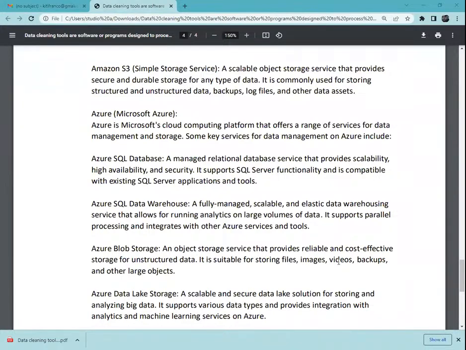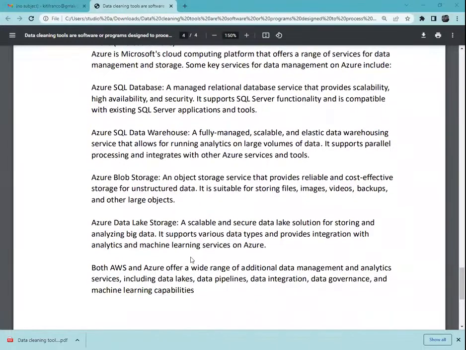But of course, ours is Amazon, the AWS. But I like this Blob thing for unstructured data, where you can come and dump files, images, videos, backups, and other large objects. Then we have Azure Data Lake Storage, a scalable and secure data lake solution for storing and analyzing big data.